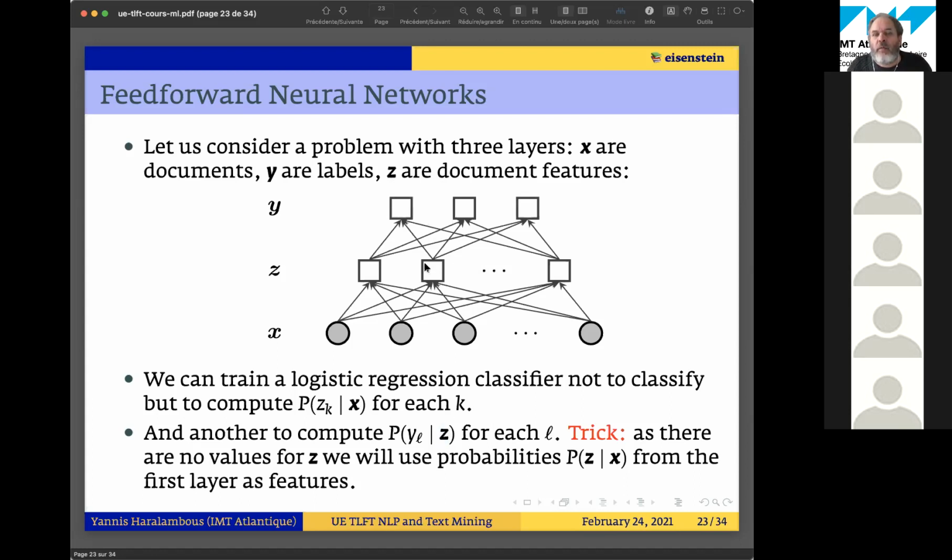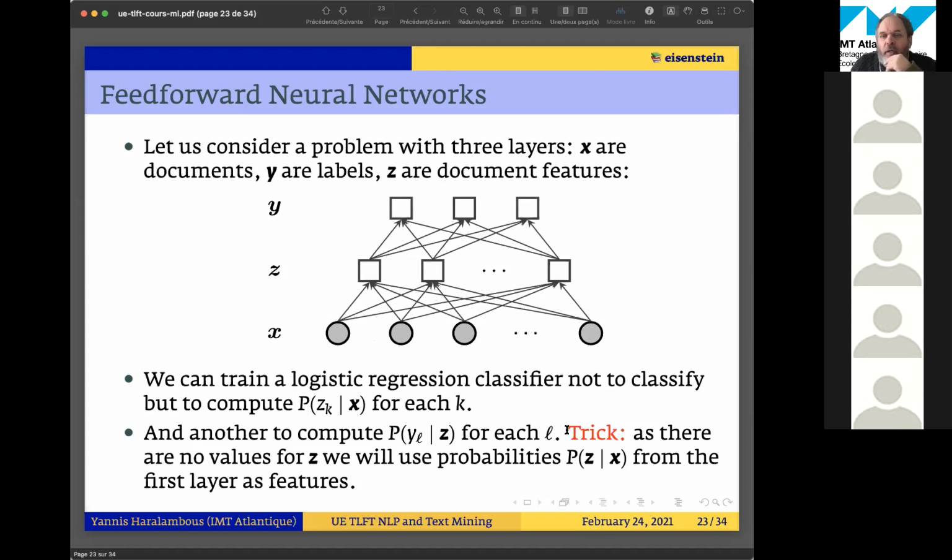This means that we have 2 layers. Well, in fact, we have 3 layers, and out of these 3 layers, we get 2 logistic regression classifiers. Okay?